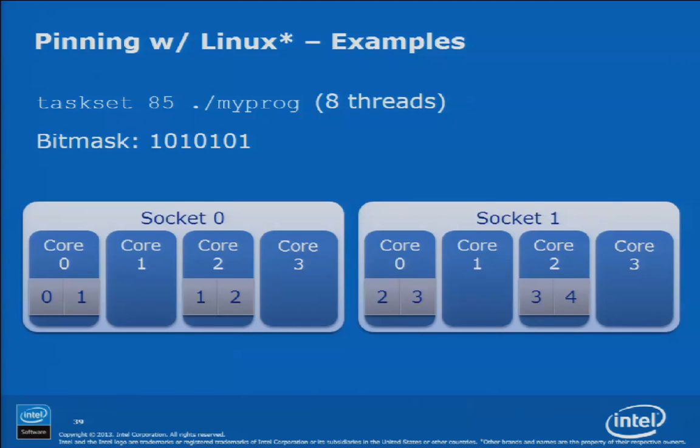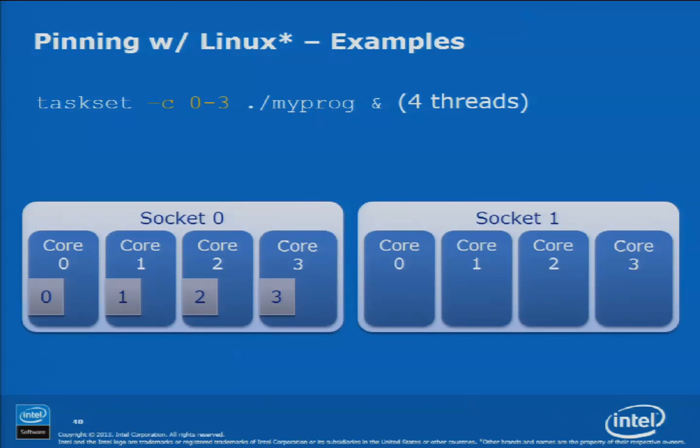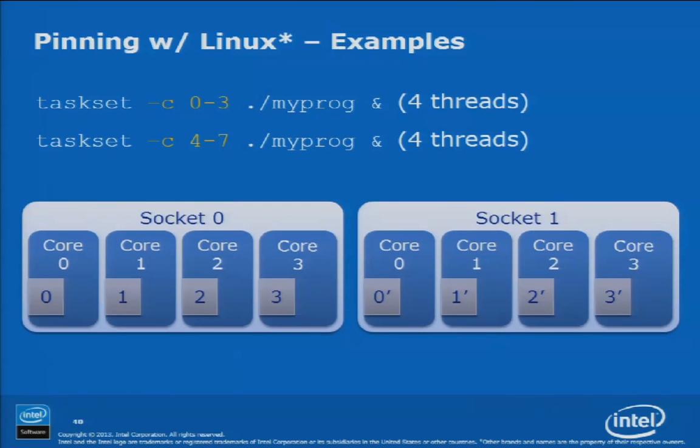Little caveat, keep that in mind. You can also use logical core numbers instead of bit masks, so -c 0-3 would use socket 0 completely, and if you execute another command with a different set of cores, you can force the second application to the other CPU socket.